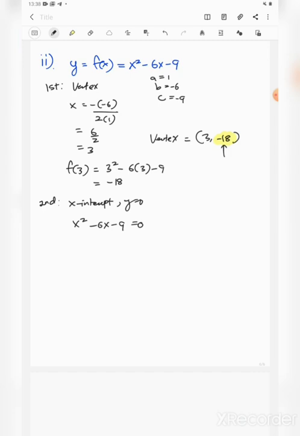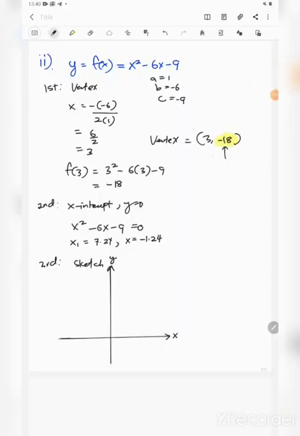So now we have x1 is 7.24, and the other one, x equals negative 1.24.